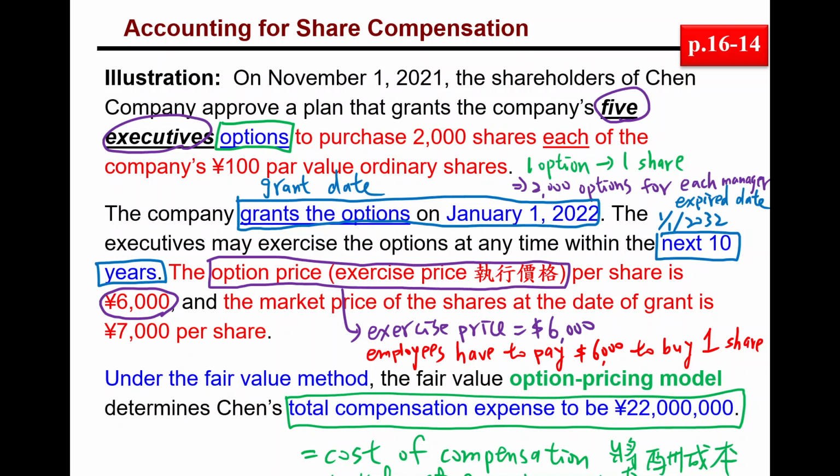In order to ask employees to do something for your company, you have some cost and expenses incurred.